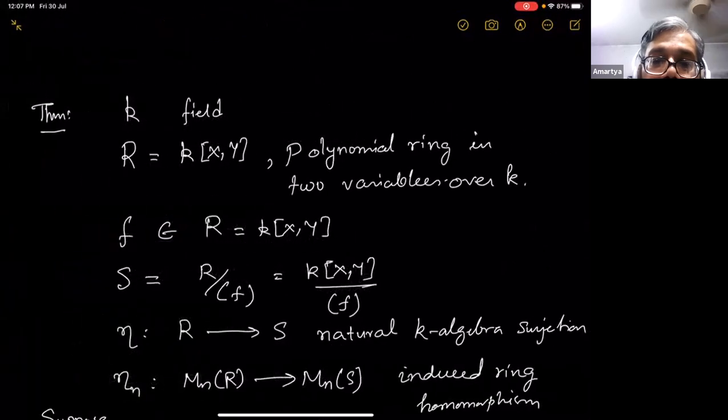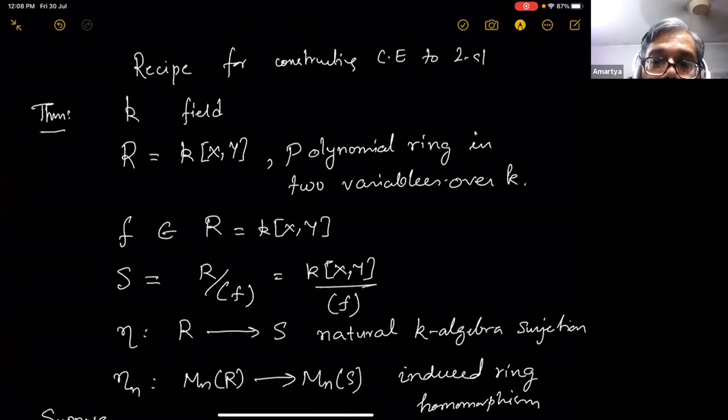So this is the example and this is the theorem. So in fact, what we have done is that we have given a recipe. So this theorem you can think of as a recipe for constructing counter examples to two stably isomorphic, but not one stably isomorphic.